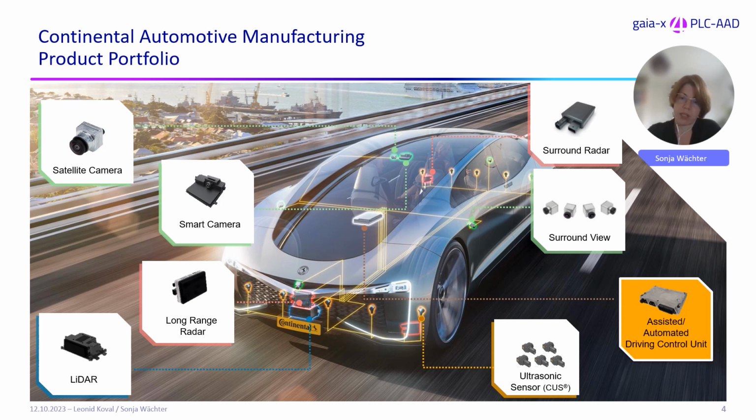So there are different camera sensors, radar sensors for long and short range, also surround radar. We have an ultrasonic sensor, LiDAR sensor, and an assisted automated driver control unit. And this is a sensor we use in our use case.